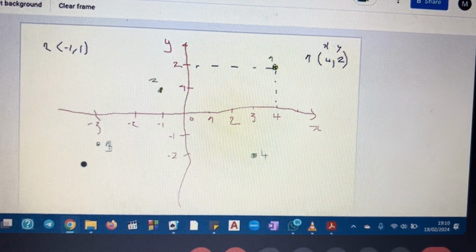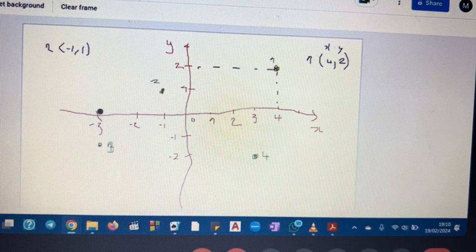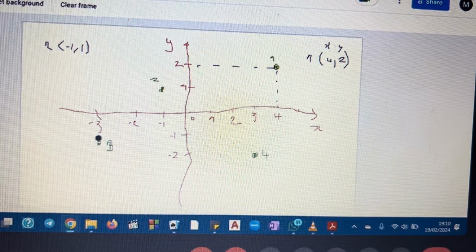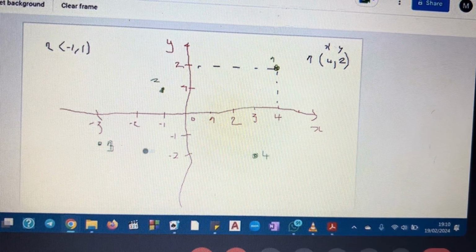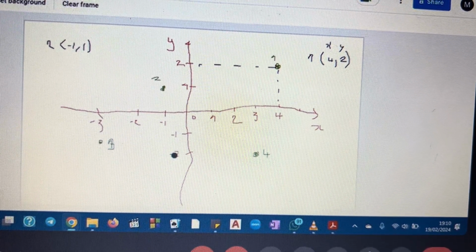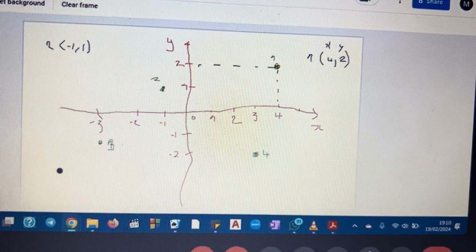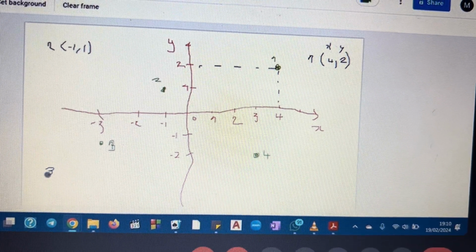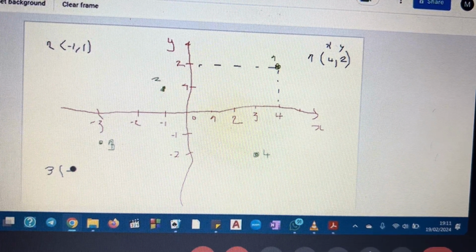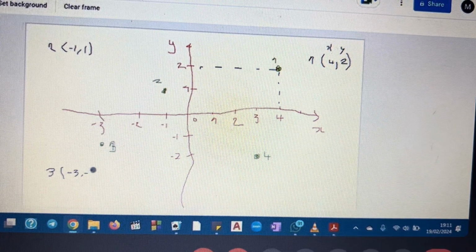We move on to point 3. Point 3, you can see lies just below -3 there on the x-axis, and it lies in the same line. My lines are not straight, but it's supposed to be in the same line with -2 there. So to describe point 3, we have -3, -2.